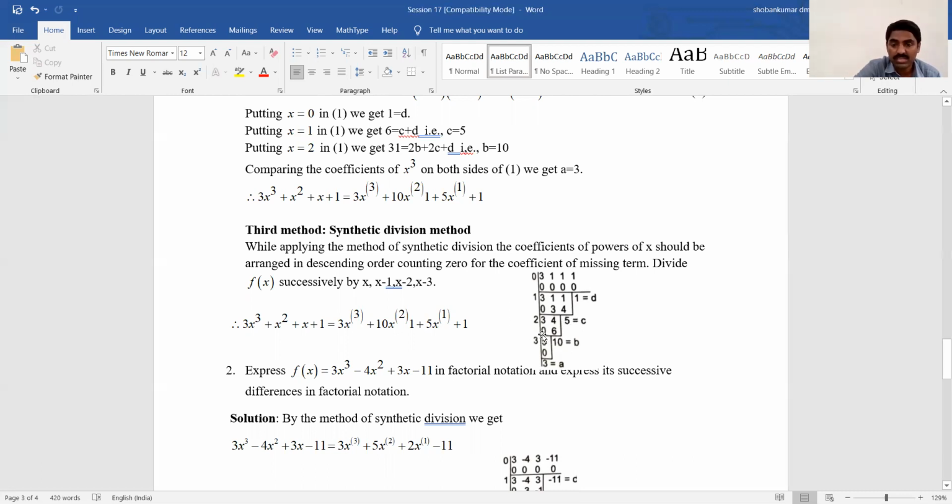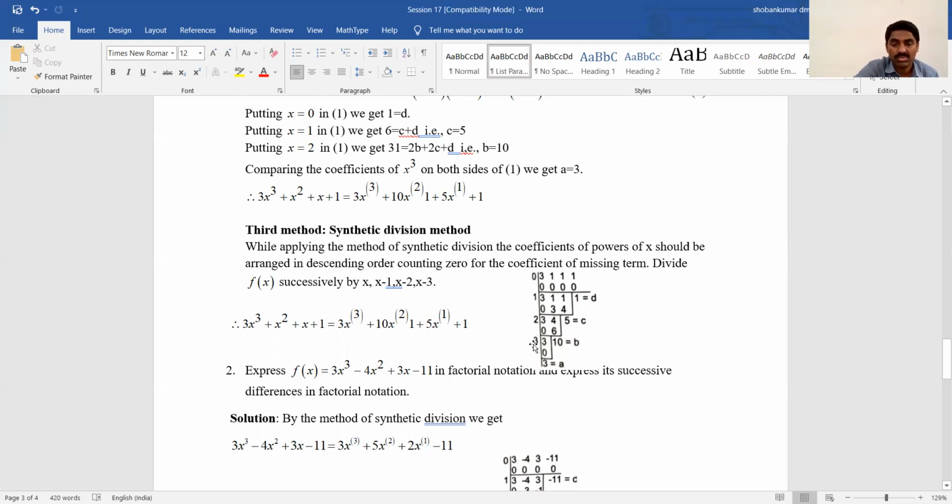And again, first number 0 adding. 3 plus 0, 3. Here we take 2, because x minus 2 equal to 0, x equal to 2. 3 twos are 6, and adding 4 plus 6 is 10. This should be b. And one more number, adding 0 to this, we get 3.